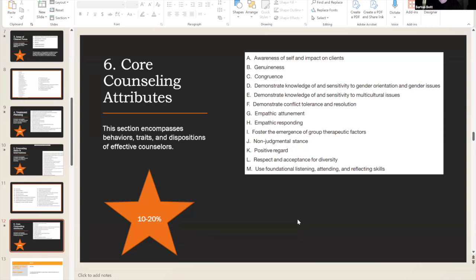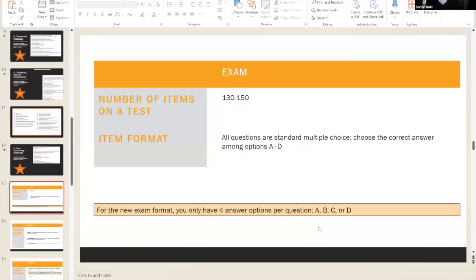However, when we apply them as direct interventions, then we're using person-centered, right? So kind of a little play on words there, but it is a distinct difference. So anyway, that's kind of the body of the 5 domains that are tested. Again, I would go back to that website, the NBCC page where we gave you the hyperlink if you wanted to see all of the content and such.